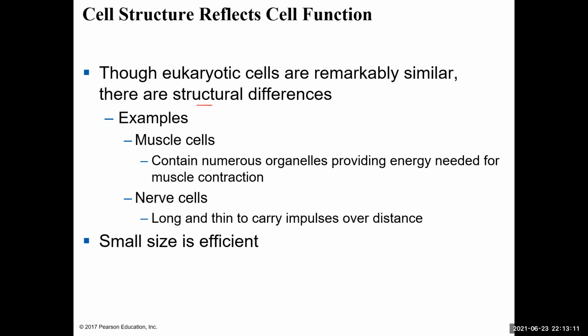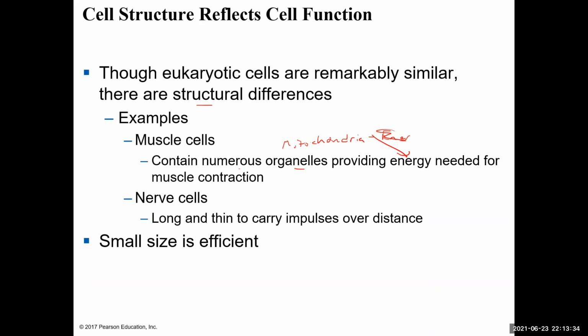So for example, you have muscle cells, which have many organelles, especially mitochondria, right, which is responsible for, I'll just put an arrow here, for the energy. And so they have a lot of mitochondria for that reason.